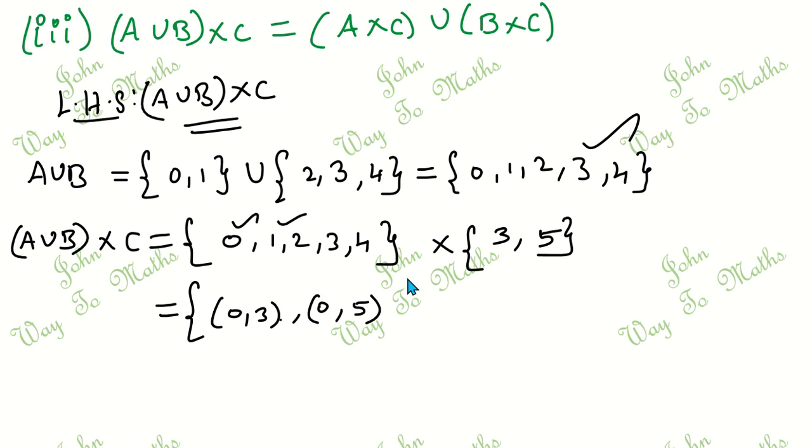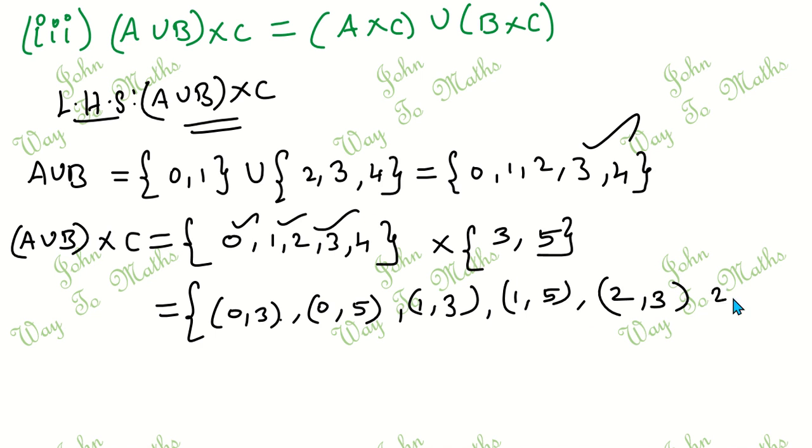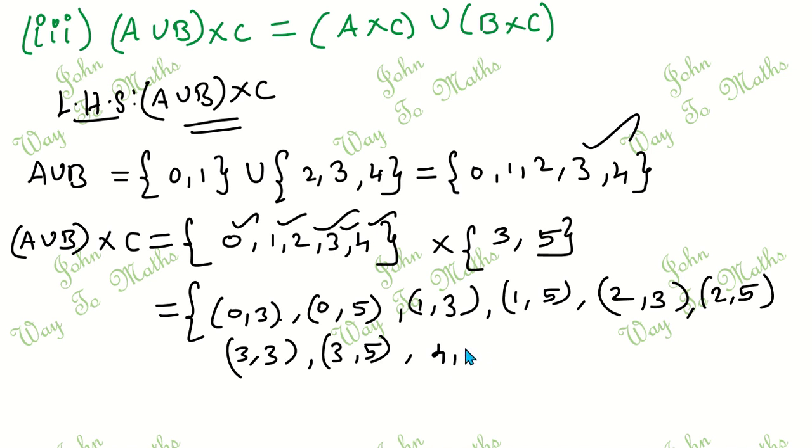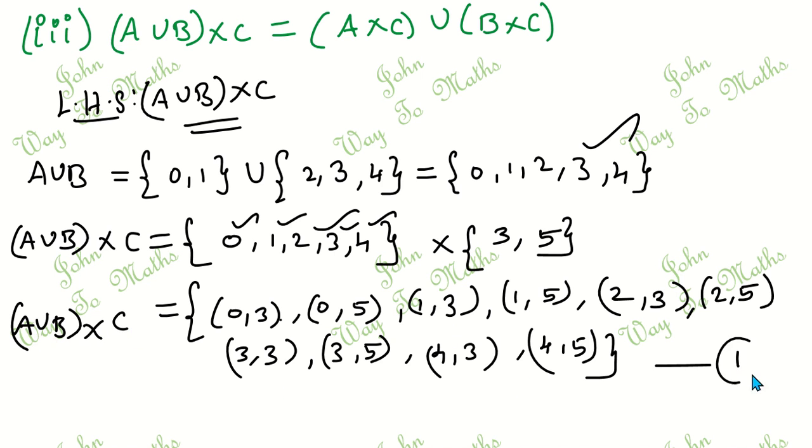Next 1 comma 3 and 1 comma 5. Then 2 comma 3, 2 comma 5. Then 3 comma 3, then 3 comma 5. Then 4 comma 3, then 4 comma 5 is the A union B cross C, consider as equation number 1.